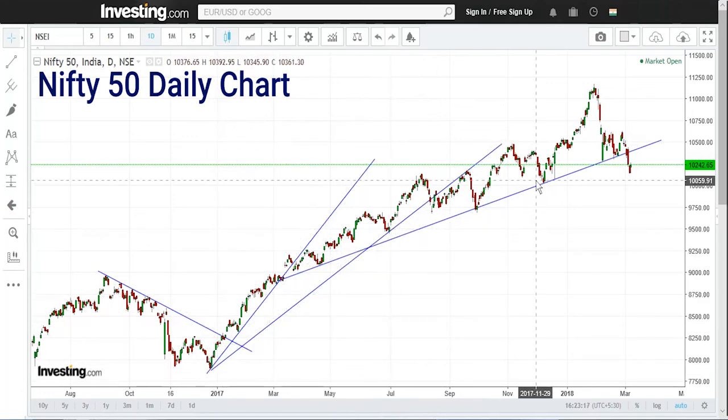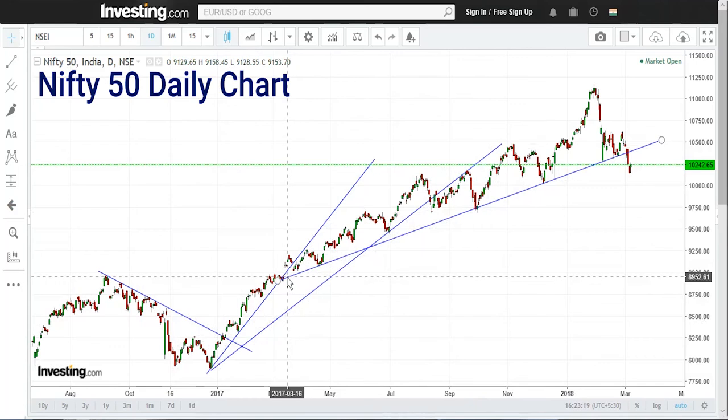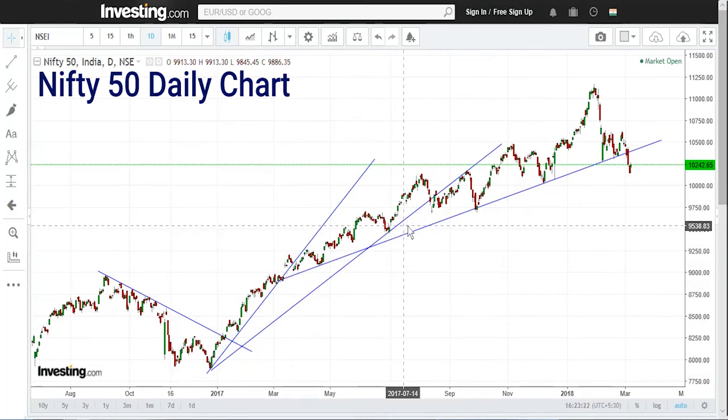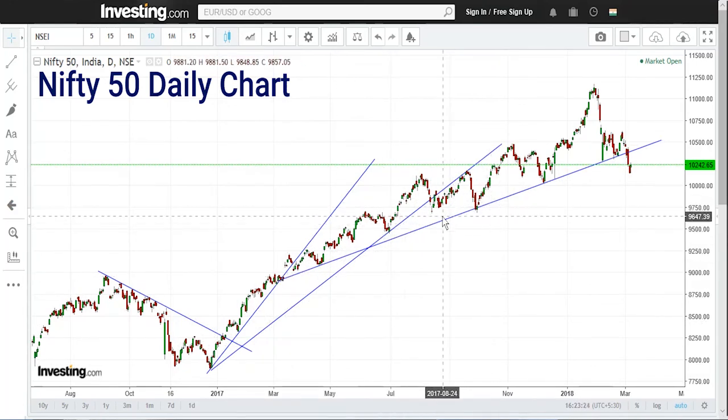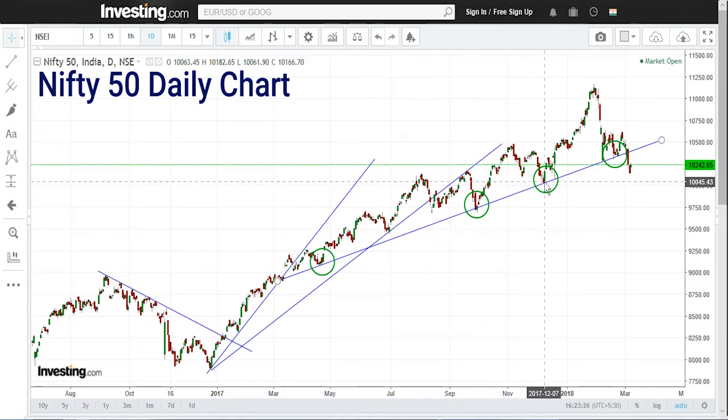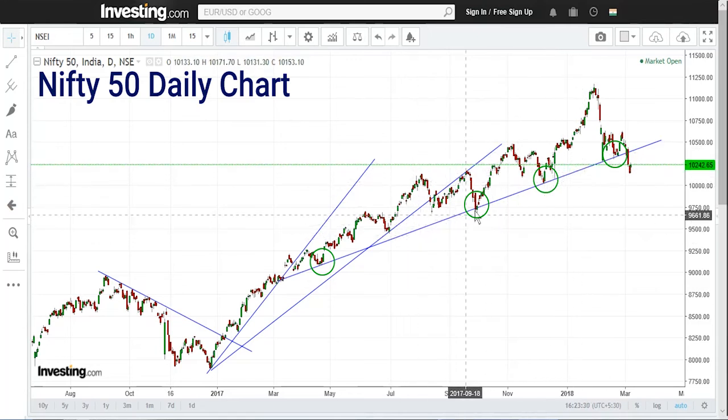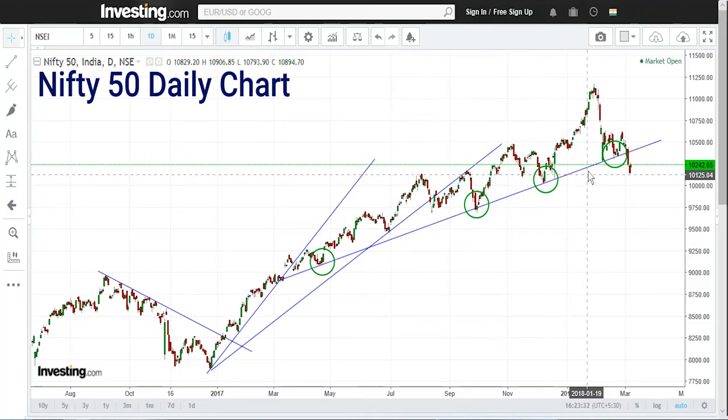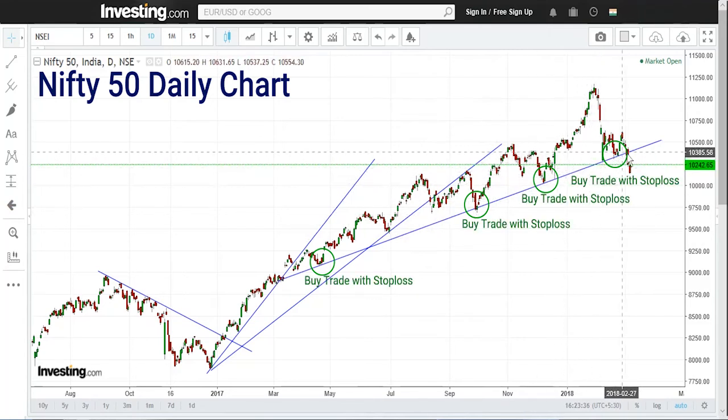But here the other trend line was drawn after the move matured a little bit, and you can see how many times the trend line was validated. It was validated multiple times, and any pullback to this trend line was a good buying opportunity. And now here you could see that the trend line was actually breached and price came down.